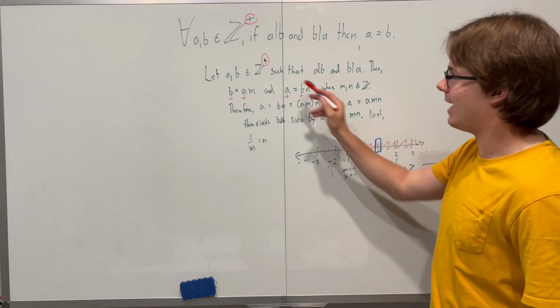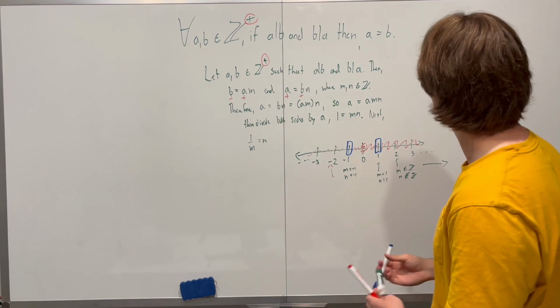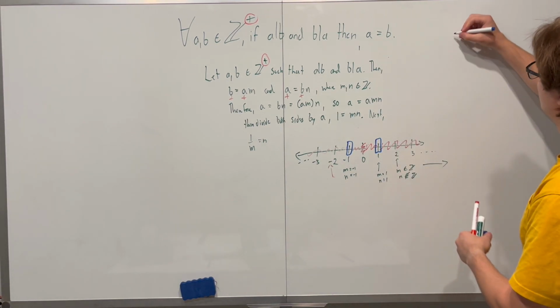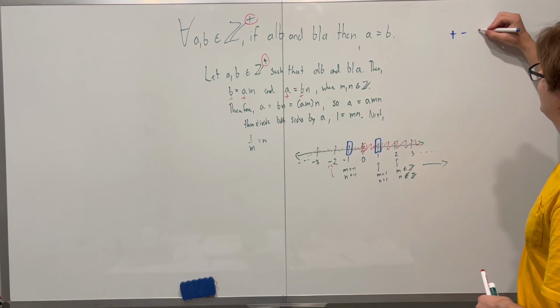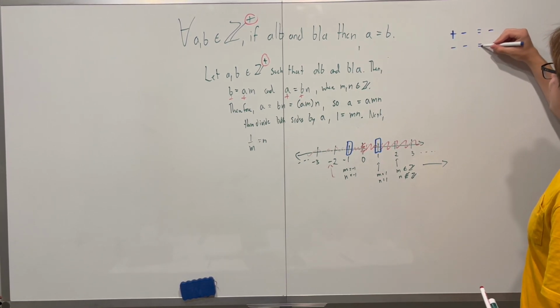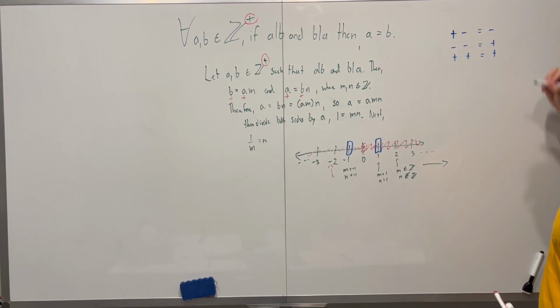Well, what does that mean m and n have to be? If it was something like positive times negative, you're going to get a negative. If it was negative times negative, it's going to be positive, and a positive times a positive is going to be positive.